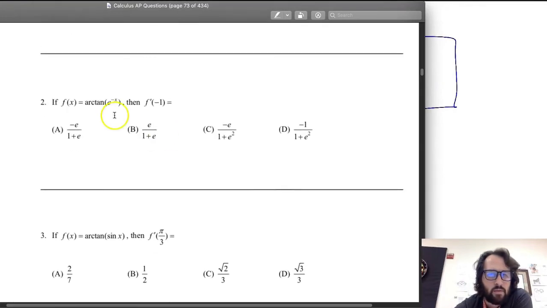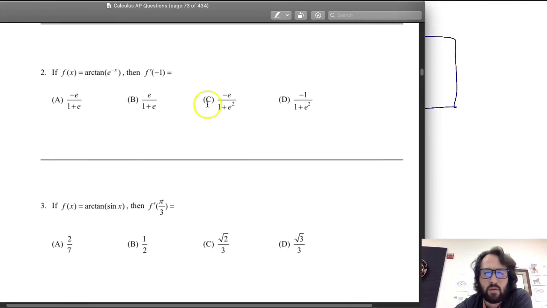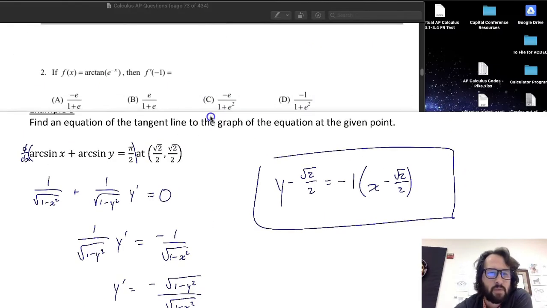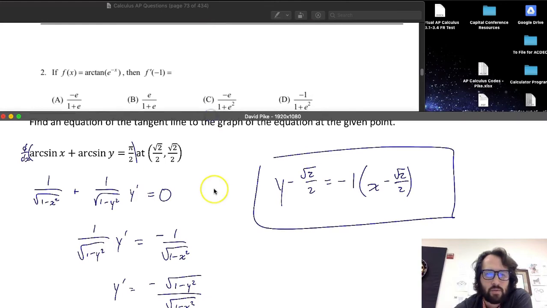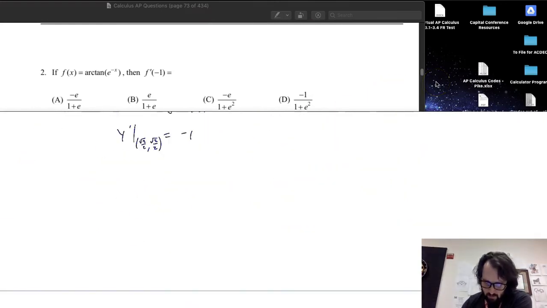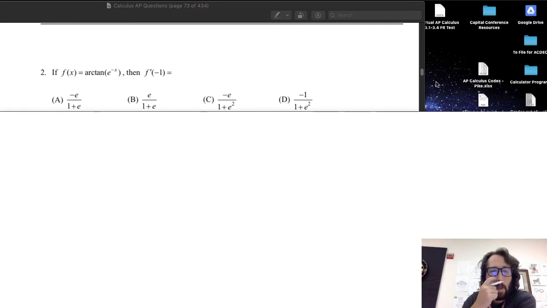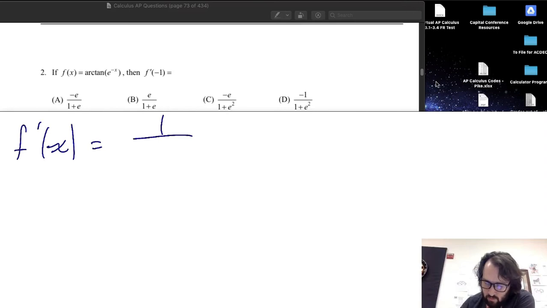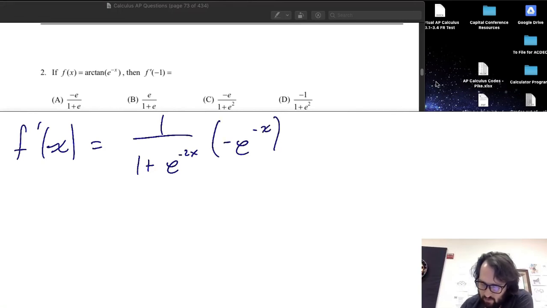And then the derivative of arc tangent of e to the negative x, find f prime of -1. So let's work it out real quick. This is essentially a multiple choice question that you could see. So we would need to find f prime of x first. So f prime of x, arc tangent of e to the negative x, would be 1 over 1 plus e to the negative 2x, times the derivative of the inside, which would be negative e to the negative x.